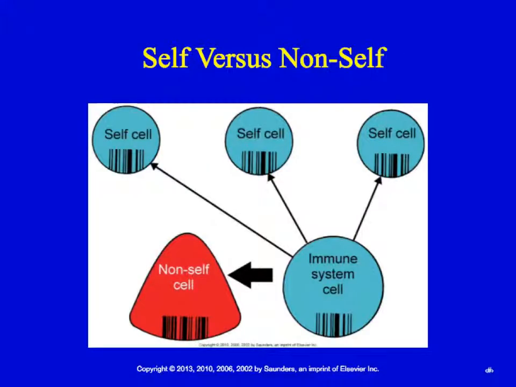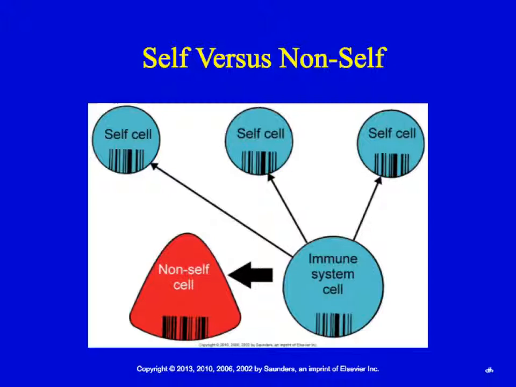This is just another picture to help you visualize how this works. In the immune system, there are barcodes and certain proteins on each cell that help the immune system identify which cell is self and which is non-self. It's sort of like having the correct key to get into the door. The self cells will have the correct key to get into the door.